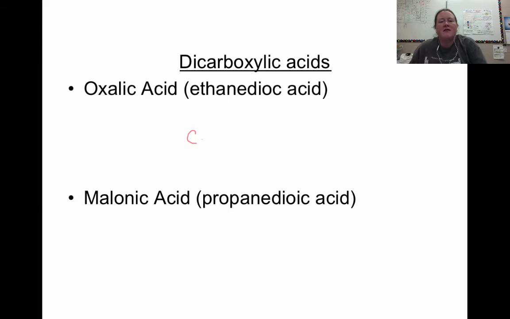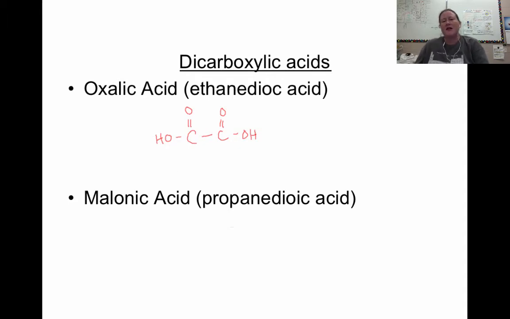Oxalic acid is known as ethanedioic acid, and its structure looks like this. So we have a carboxylate group at this carbon, and then another one at this carbon. And notice that I drew OH over here, but I'm drawing HO here. Again, that's a reminder that this bond is to the oxygen, which is then bonded to the hydrogen.